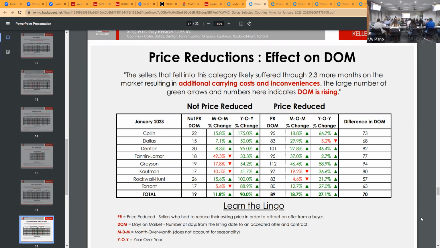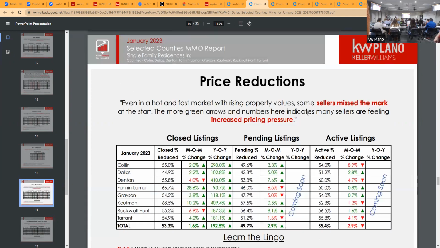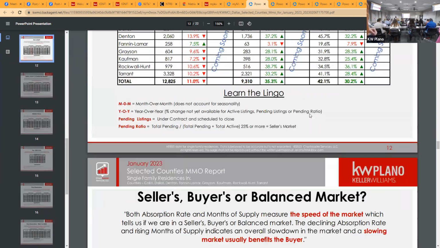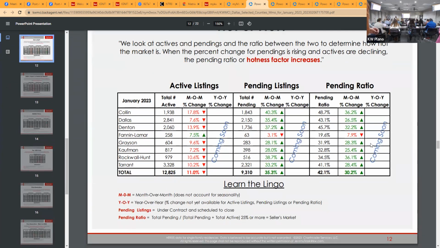Go back to the hotness slide. Does it show HC to tell what is hot or not? HC, green or red color.